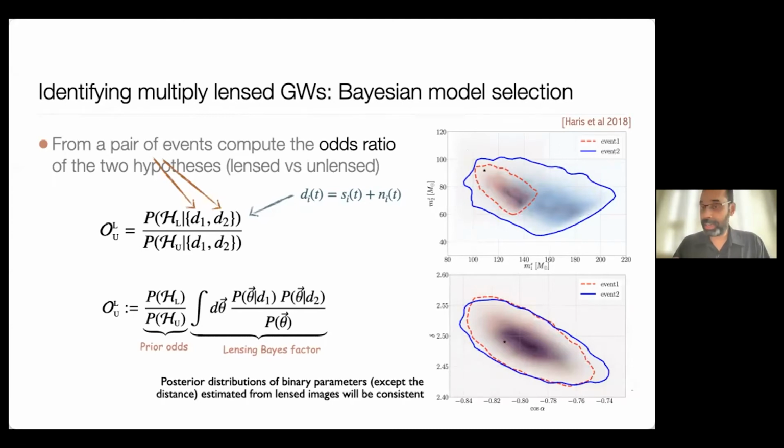In general, because the lensing magnification is different for the two images, they can have different precision, or the posteriors can have different widths or areas. That's why they don't look the same, but they should overlap. And the second bottom line shows their reconstructed source location, which also overlaps nicely.